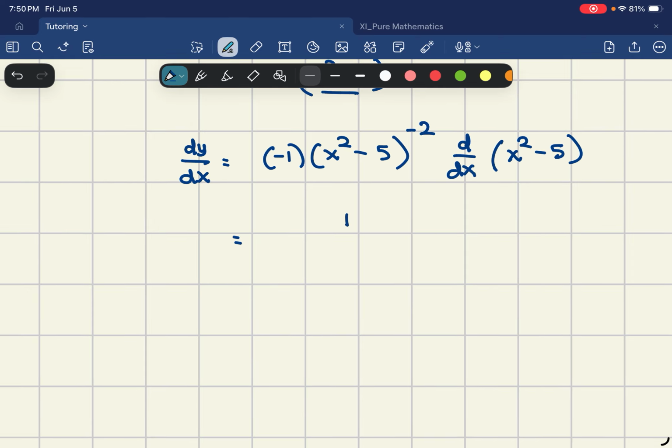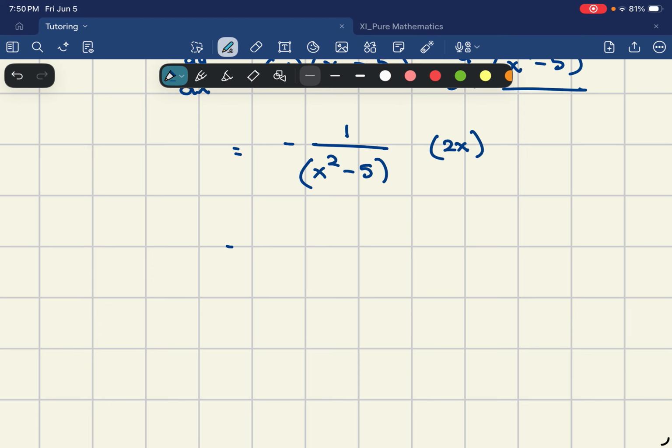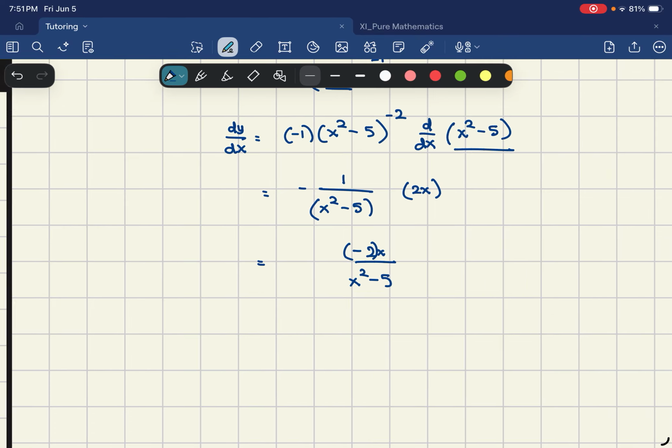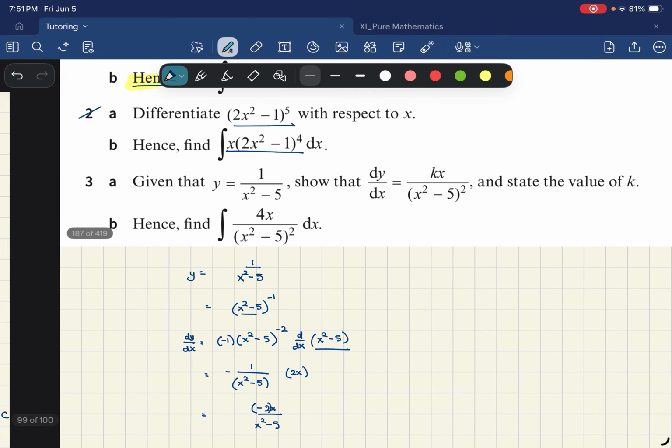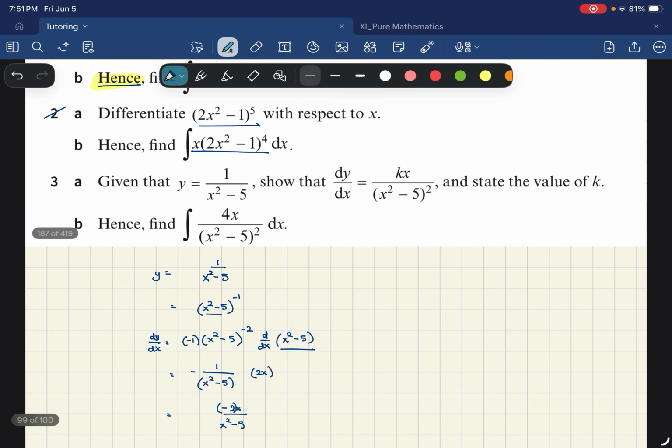And when you simplify, when you differentiate this, you're going to get 2x. And your final solution is going to look something like this, minus 2 times x. I'm giving this negative sign to the 2 here, because it says state the value of k. So k is equal to negative 2, right?